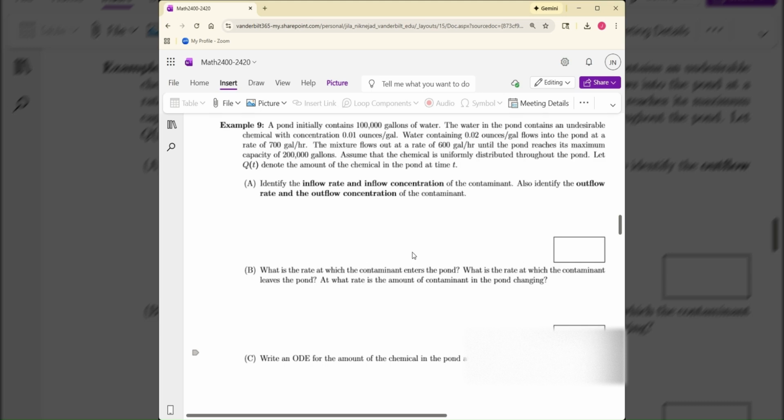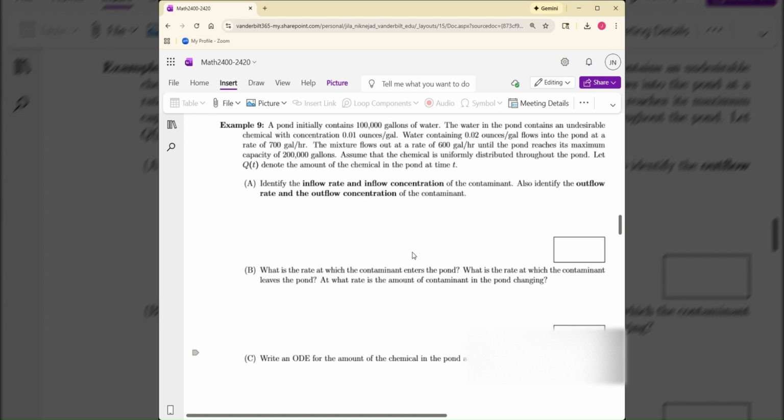We're talking about a pond initially containing 100,000 gallons of water. The water in the pond contains an undesirable chemical with a concentration of 0.01 ounces per gallon. Water containing 0.02 ounces per gallon flows into the pond at the rate of 700 gallons per hour.